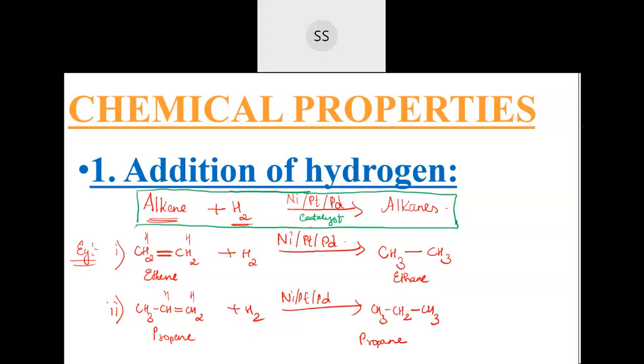One is a pi bond and one is a sigma bond. The pi bond is weaker, so it is able to break and add hydrogen across it. So we had an addition reaction, and since you are adding hydrogen, it is called hydrogenation. This is one reaction we have seen, and I gave you different examples. That was the first chemical property.